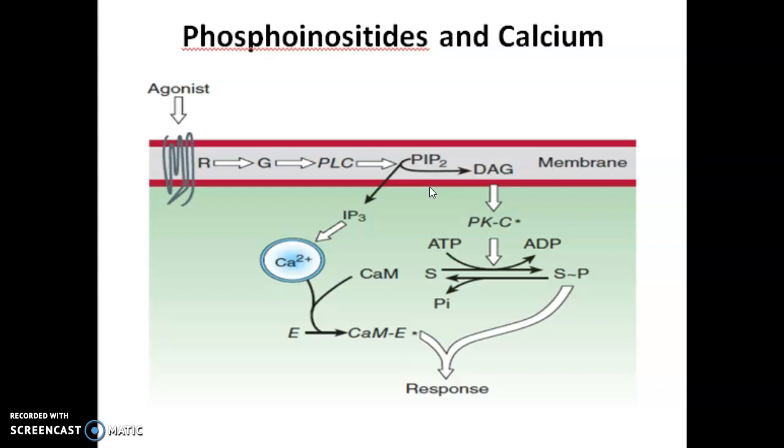Elevated cytoplasmic calcium concentration resulting from IP3-promoted opening of these channels promotes the binding of calcium to the calcium binding protein calmodulin, which regulates the activities of other enzymes, including calcium dependent protein kinases.